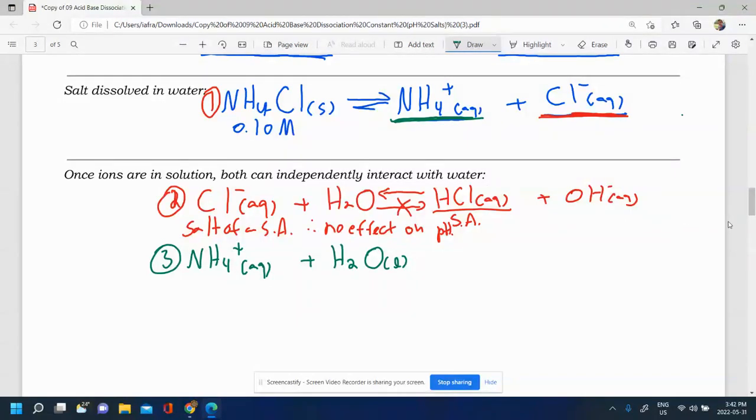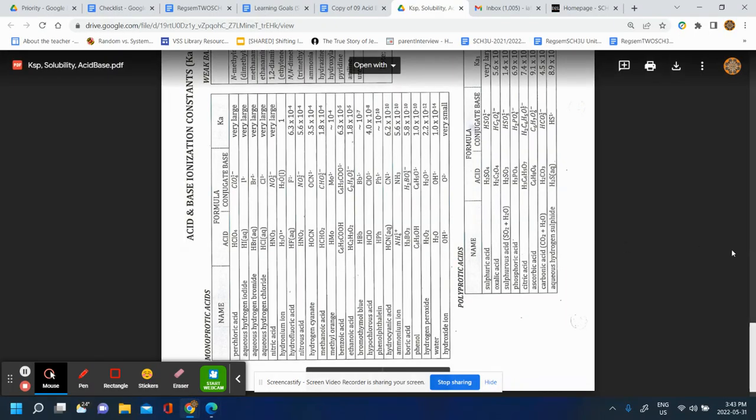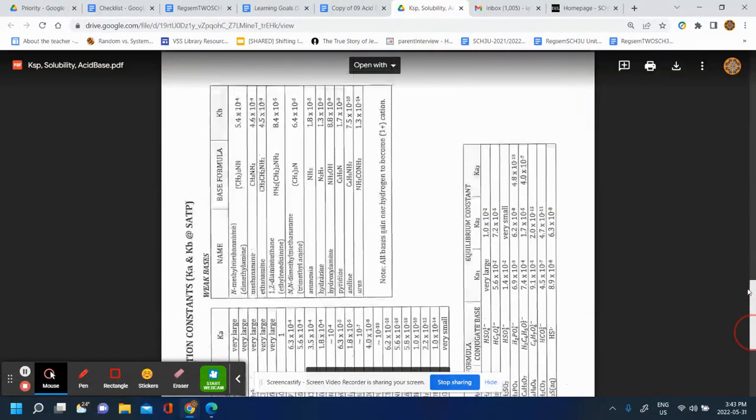And because it has an extra H due to that plus, it's going to be giving away an H to the water. And it's going to become NH3 aqueous plus H3O plus aqueous. Now what I want you to notice is that NH3 is a weak base. How would you know that? If you go look over here, NH3 is in our weak base table.